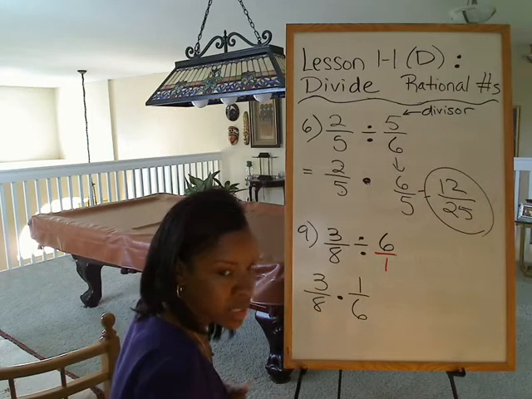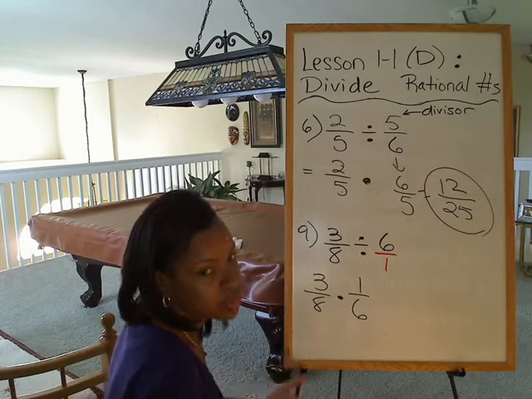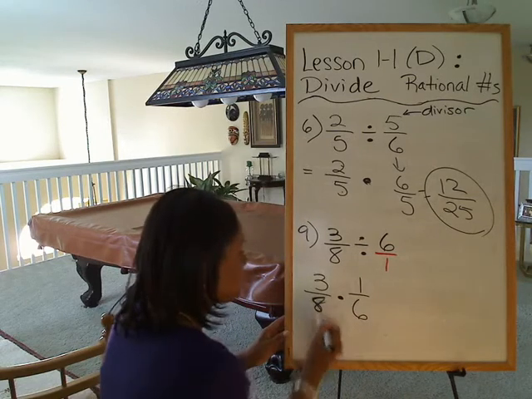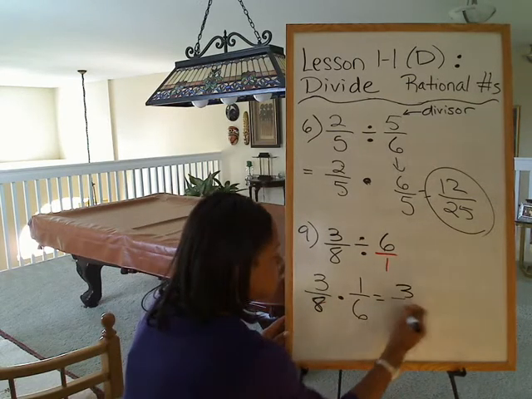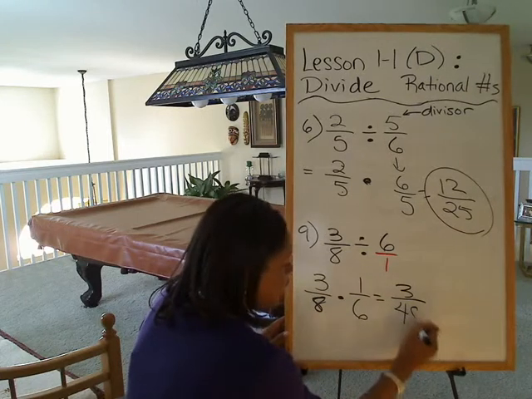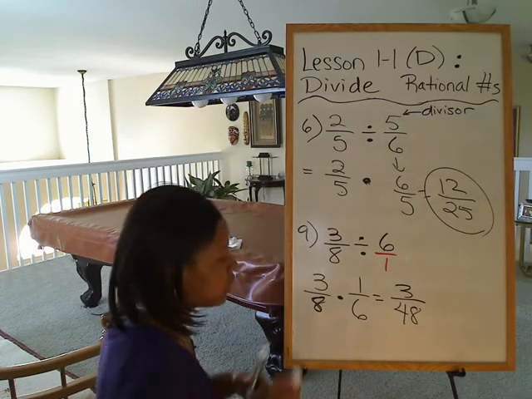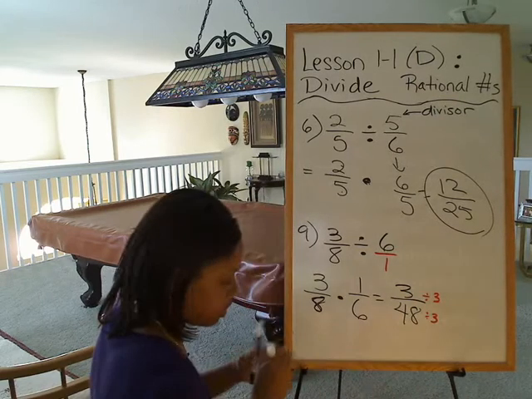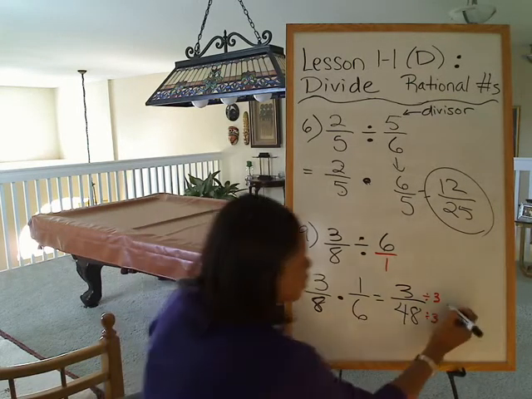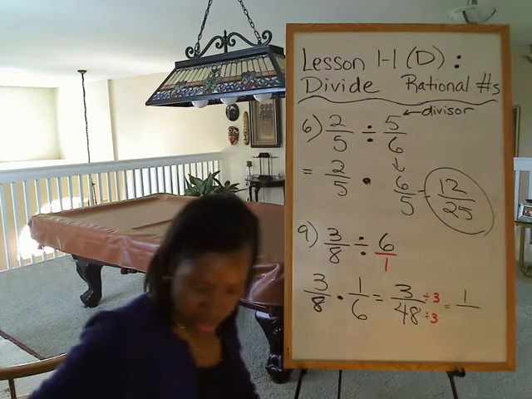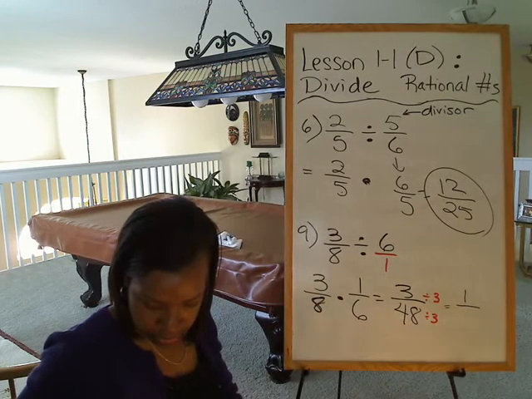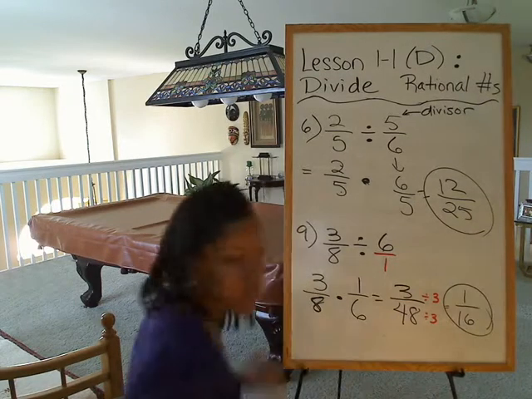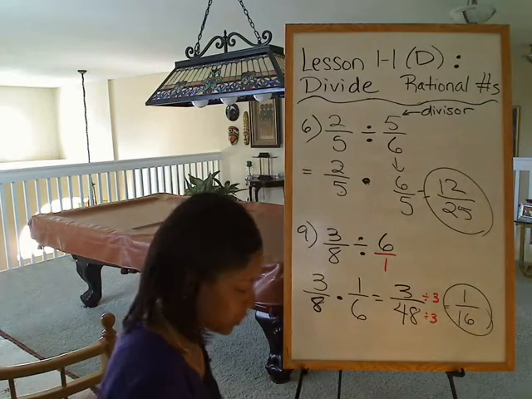Some people learn it by saying keep it, change it, flip it. So 3 times 1 is 3. 8 times 6 is 48. I can simplify that. 3 divided by 3 is 1. 48 divided by 3 is 16. So my answer is 1/16. And I'm done.